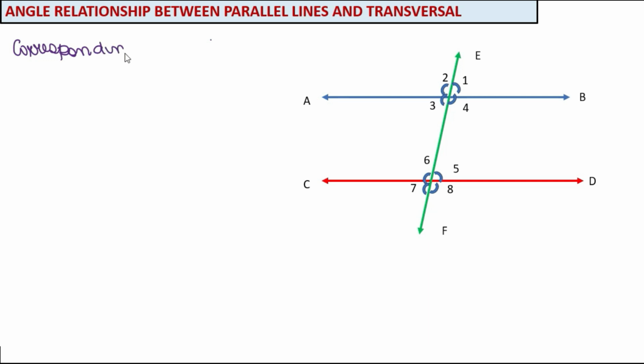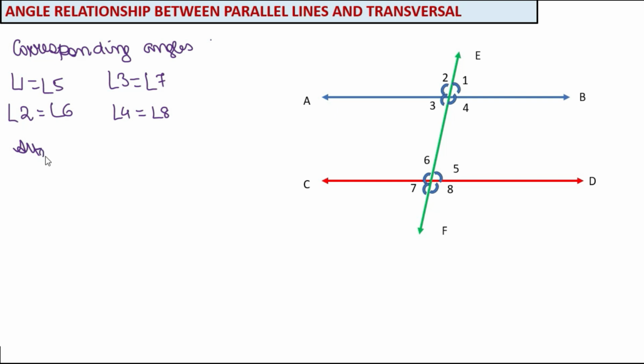I am just telling the angle relationship. Angle 1 equals angle 5, so the corresponding angles are angle 1 and angle 5. Angle 2 equals angle 6 are corresponding angles. Again, angle 3 equals angle 7 and angle 4 equals angle 8.